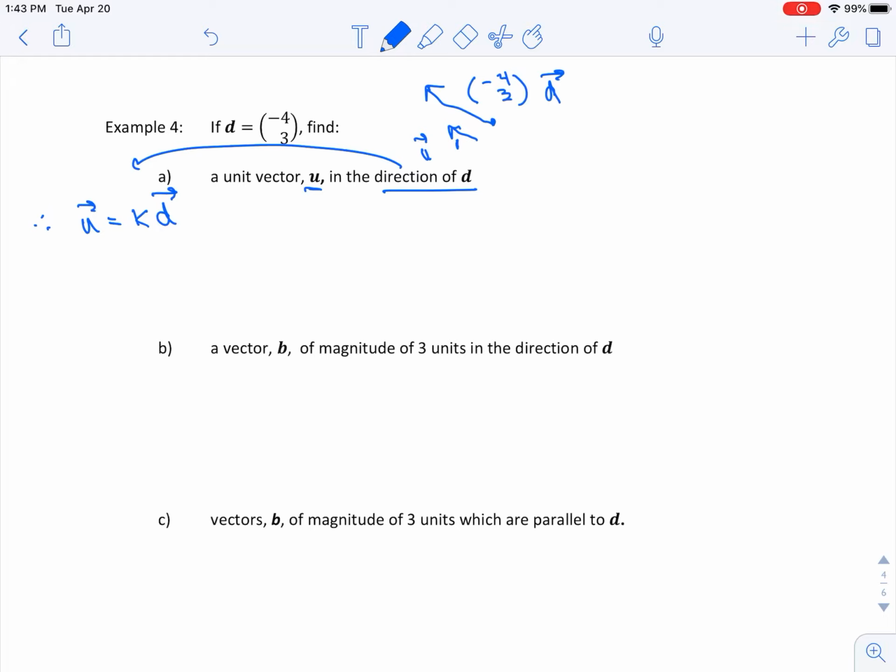Okay, so they're going to go in the same direction, it's just going to be a different length. Now, because we know it's a unit vector, we also know that the magnitude of u is equal to 1. Okay, so we're going to work through this a little bit. So we know that the magnitude of u is going to be equal to the magnitude of kd, right?